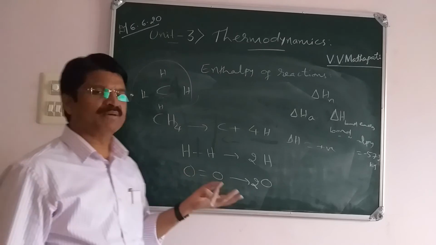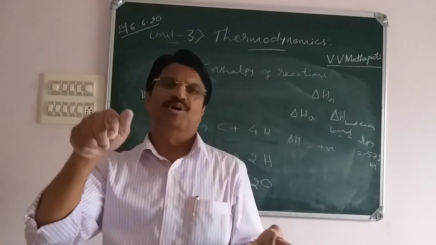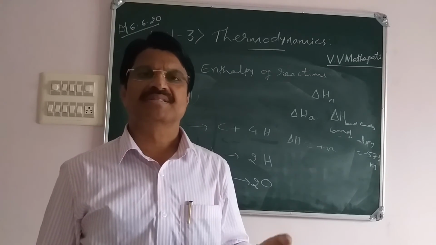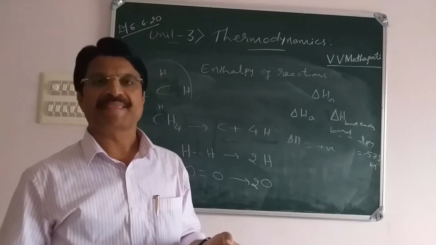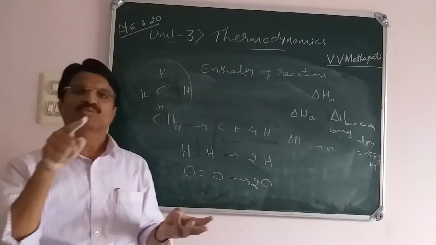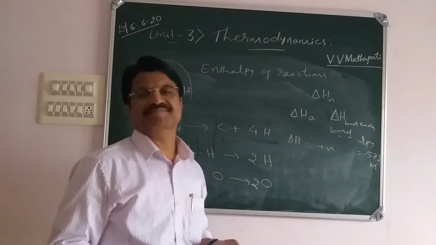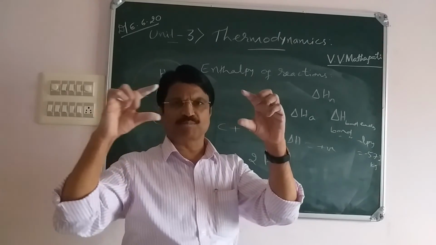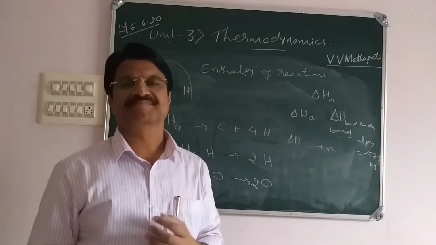C single bond C, C double bond C, C triple bond C: C triple bond C has the higher bond energy value. N triple bond N and O double bond O: N triple bond N has the higher bond energy. If the number of bonds is more, or the bond order is higher, its bond energy value is higher.